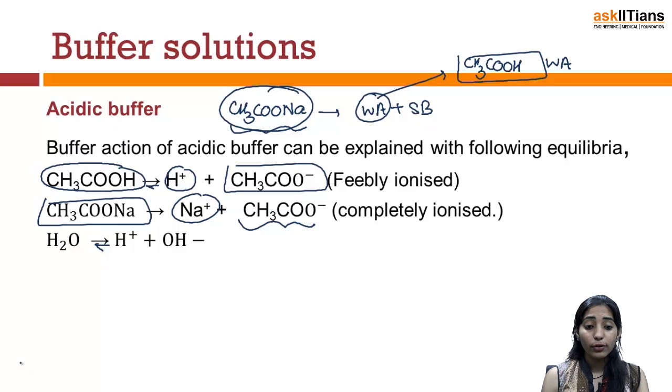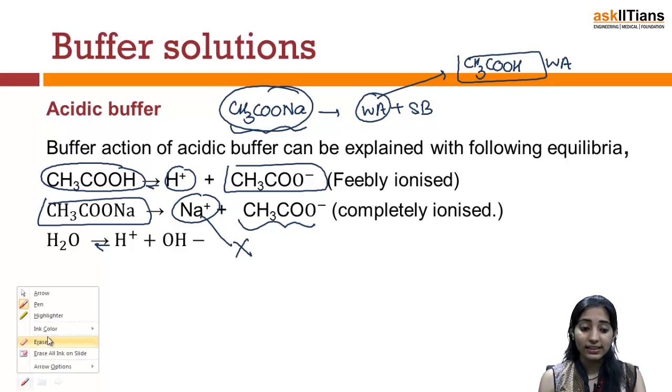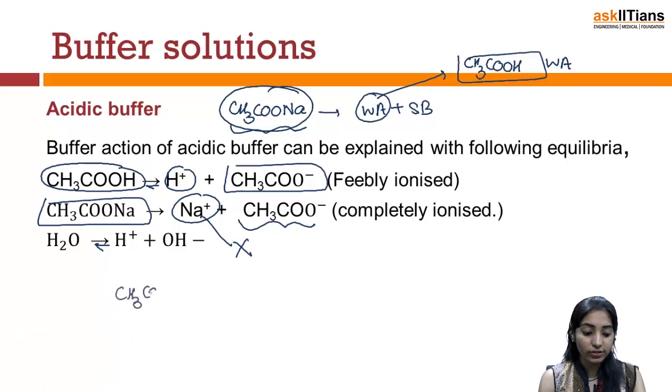So overall, Na positive doesn't get hydrolyzed in water because it is a component of a strong base. So the only reaction taking place in this case is CH3COO minus reacting with water, allowing the following equilibrium: CH3COOH plus OH minus.